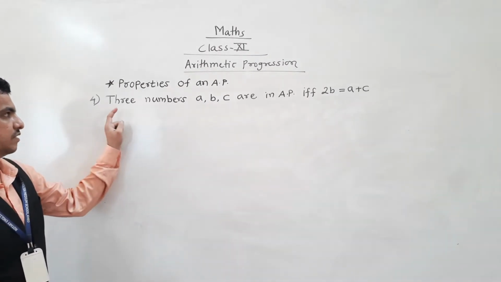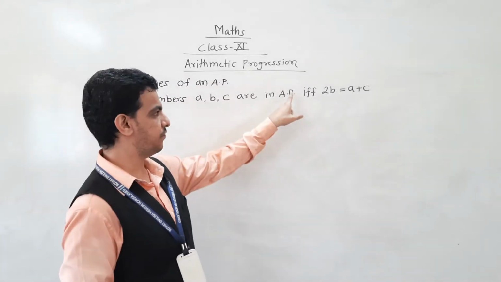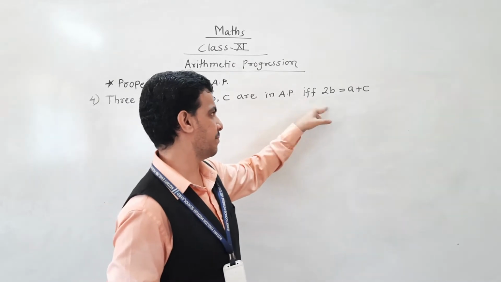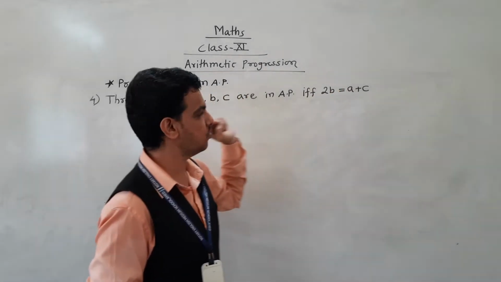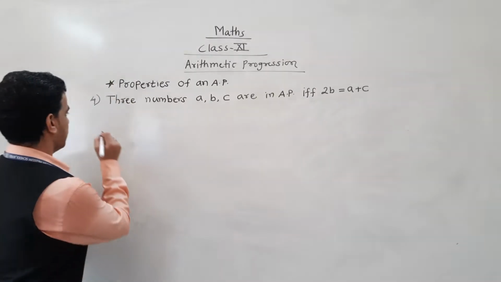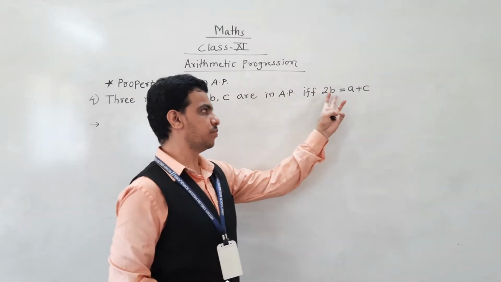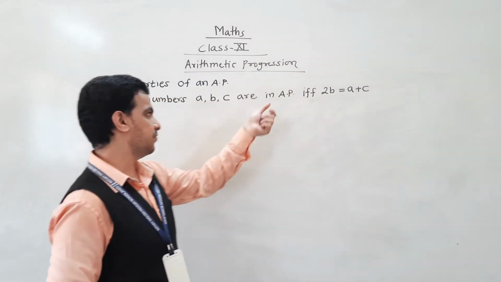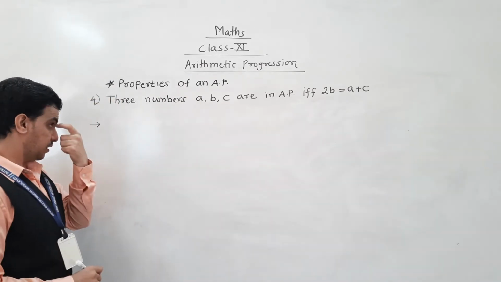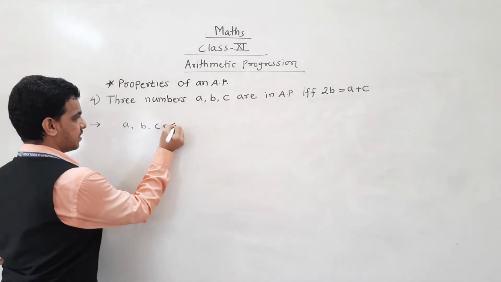Okay, understand this property. Now we will take the fourth property. The fourth property is: three numbers a, b, c are in AP if and only if 2b is equal to a plus c. Means if a, b, c are in AP, then 2b is equal to a plus c, or if 2b is equal to a plus c, then we can say that a, b, c are in AP. So first I am taking a, b, c in AP.